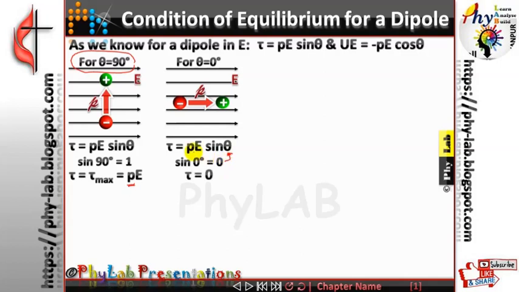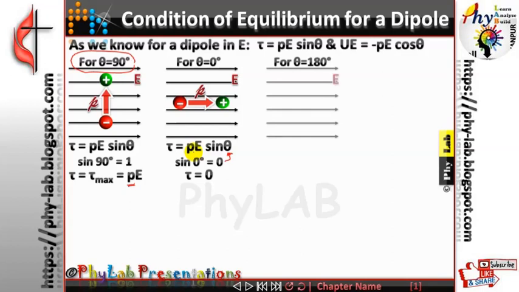Now let's take another case when the dipole moment lies opposite to the electric field vector. In this situation, theta becomes 180 degrees, and therefore when theta is 180 degrees, sin 180 degrees is also 0, and so the torque experienced in this situation also happens to be 0.